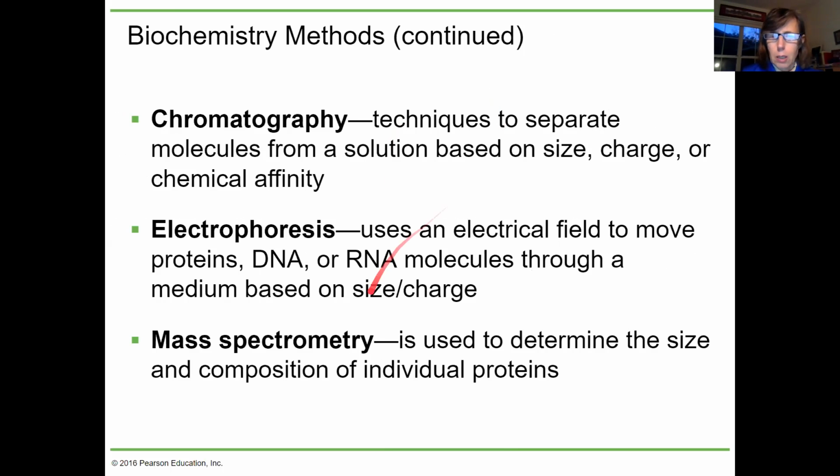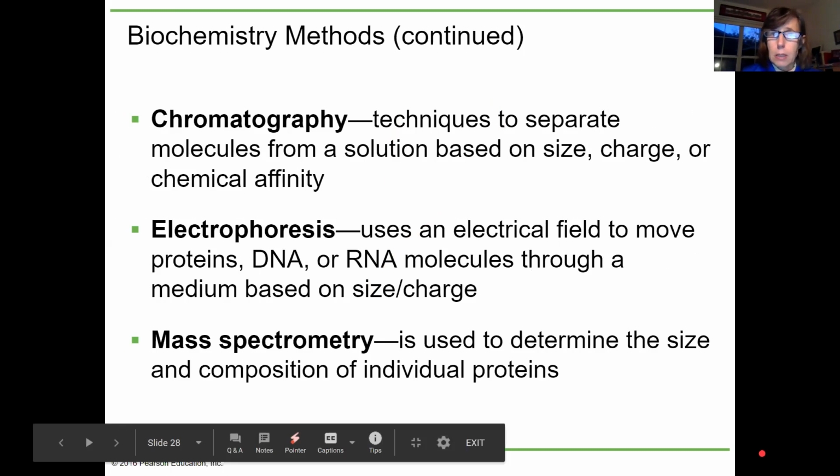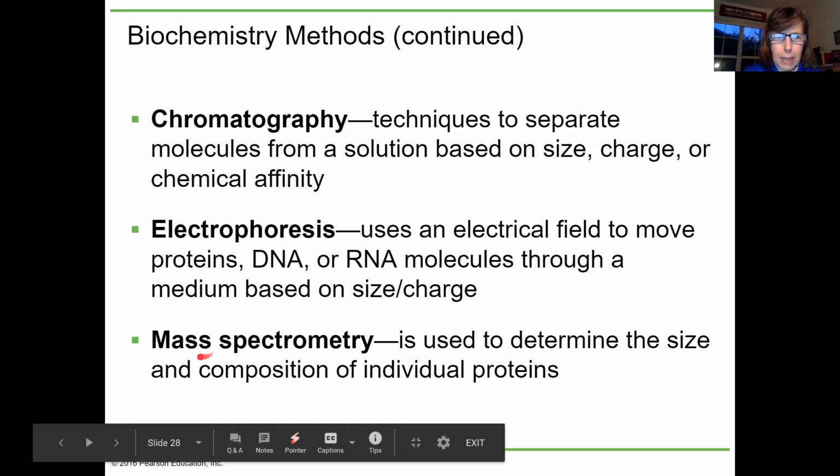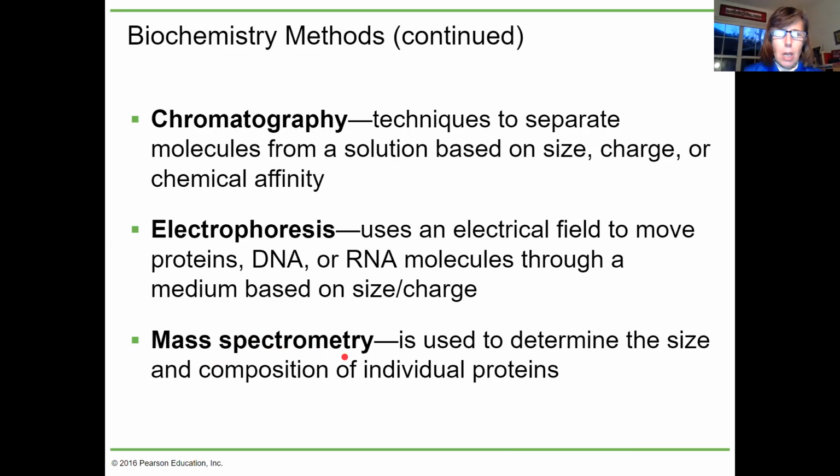Okay, some more methods in addition to centrifugation: chromatography, electrophoresis, mass spectrometry. Mass spectrometry is commonly used to characterize proteins. It does have some other applications, but that's all we're going to concentrate on in this class.